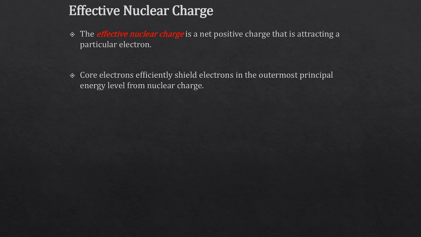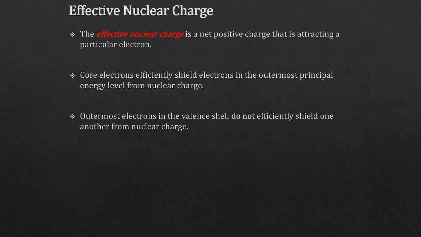Those electrons in the middle are closer to the nucleus, and they're negative charges. So the negative charges that are closer to the nucleus get in the way of the electrons on the outside seeing all the protons in the middle. The outermost electrons in the valence shell do not shield each other effectively, so we don't have to worry about the ones at the end trying to shield themselves.